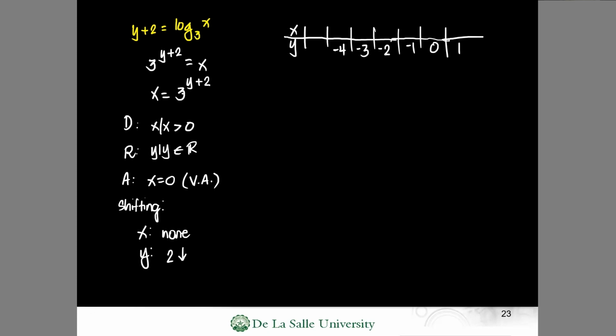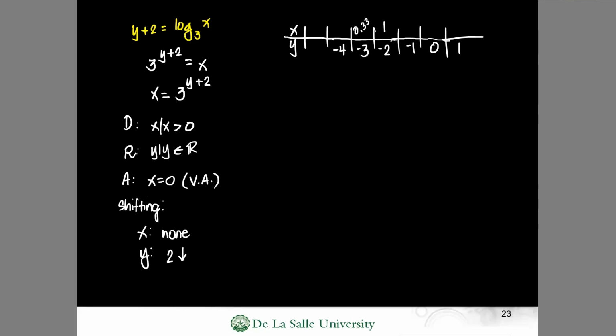Okay, so can you please plug in? Negative 2 plus 2 is 0. 3 to the 0 is 1. Negative 3 plus 2 is negative 1, right? 3 to the negative 1 is 0.33. Am I correct?